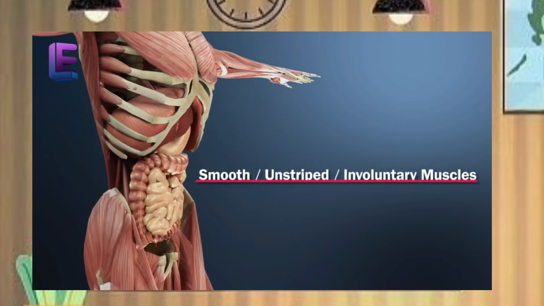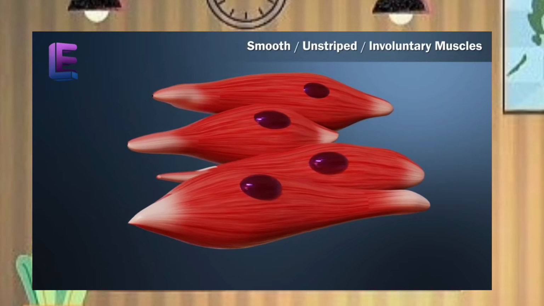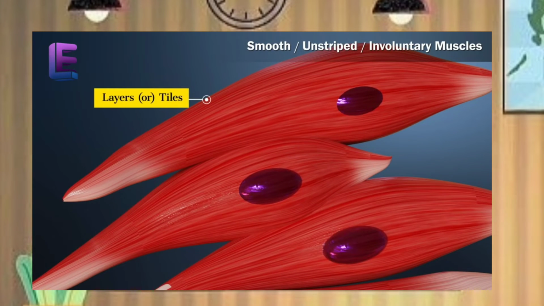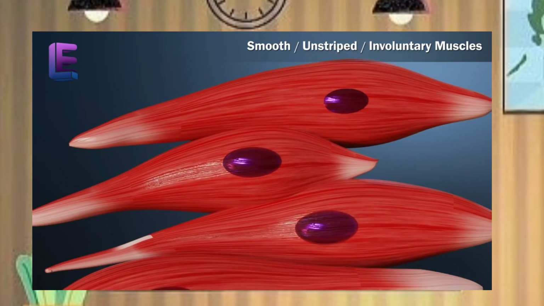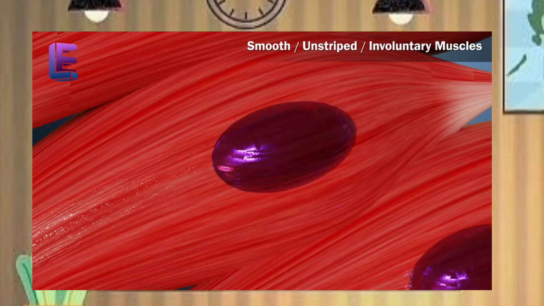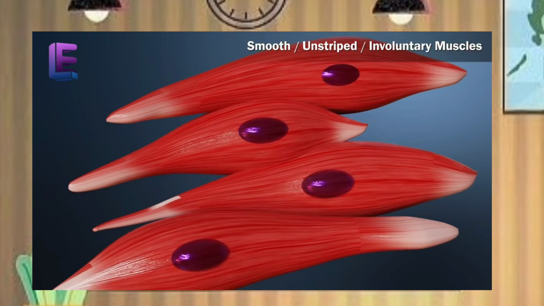Smooth or unstriped or involuntary muscles. These muscles are smooth muscles. They are arranged in layers or as tiles. Smooth muscle fibers are uninucleate spindle-shaped cells. The thin and thick filaments of smooth muscles are not well organized and oriented.